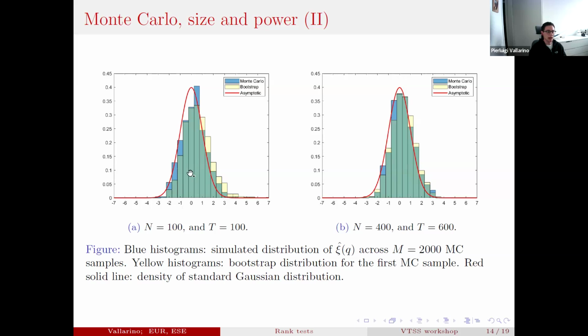In yellow, we have the bootstrap distribution for the first Monte Carlo sample, which we see is very close to the empirical, to the simulated distribution of the test statistic. Things do improve for what regards the Monte Carlo distribution when we move to 400 cross-sectional units and 600 points in time, but still we see that there is too much mass in the right tail.